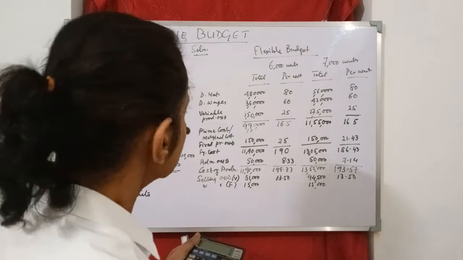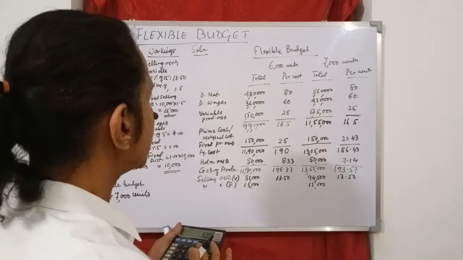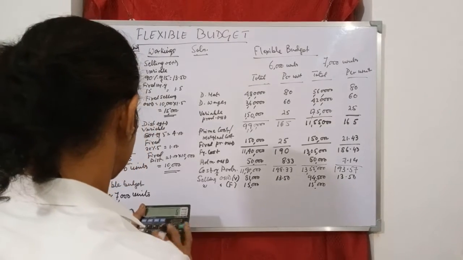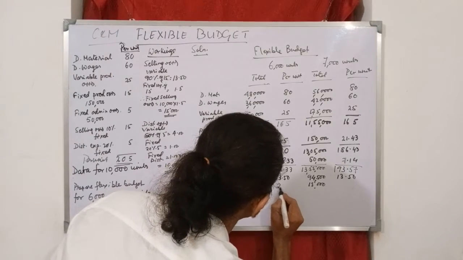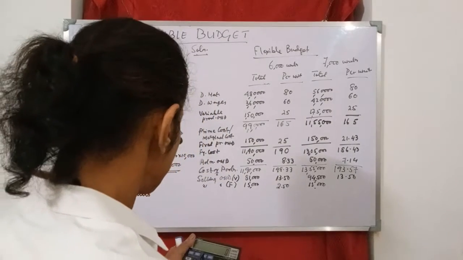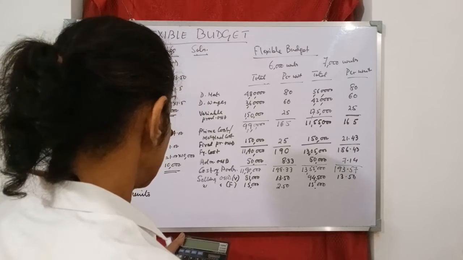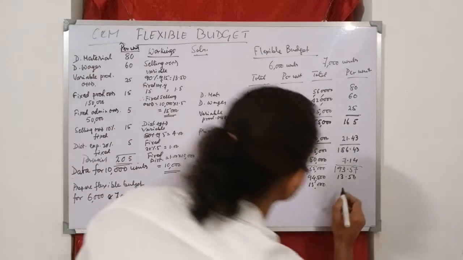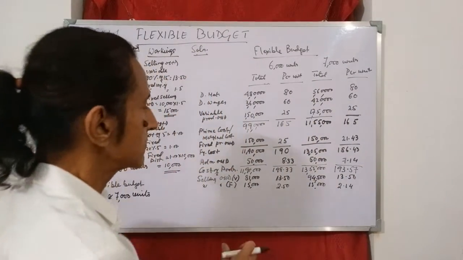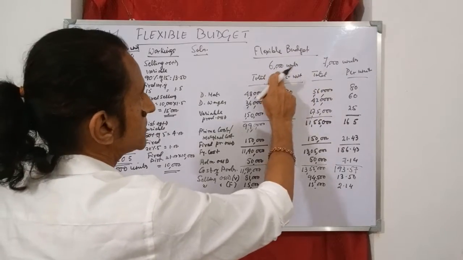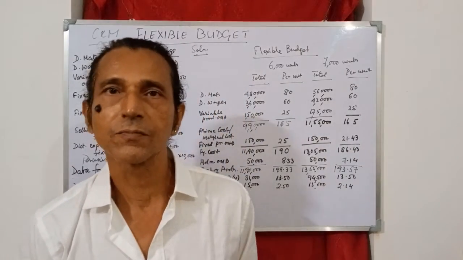So straight away 2.50, and here we get 2.14. Naturally cost per unit is falling because volume has increased from 6,000 to 7,000. As volume increases, the fixed cost per unit goes on falling.